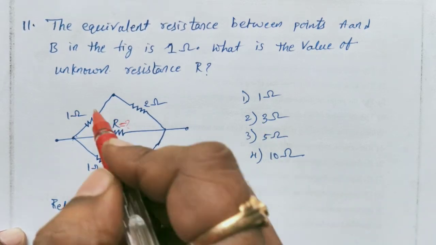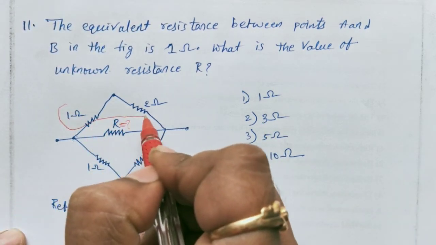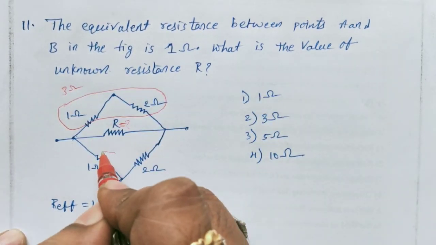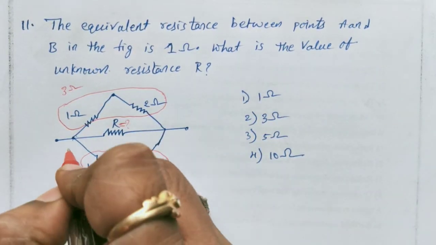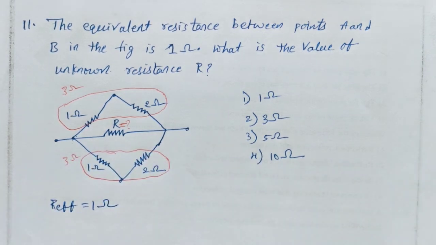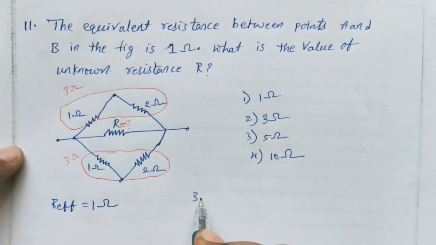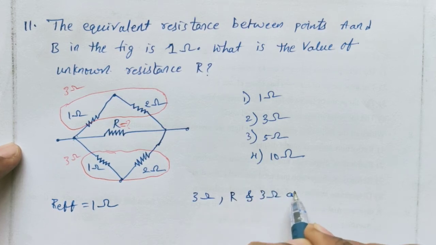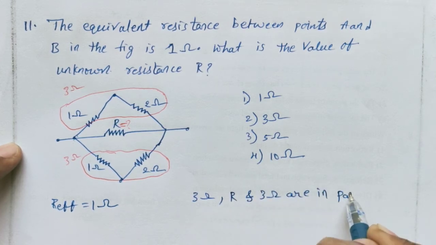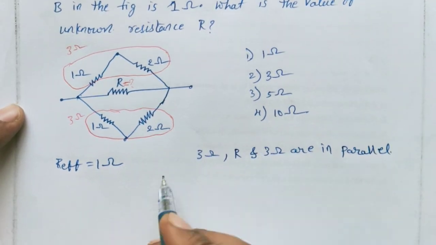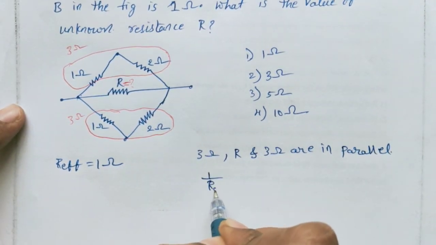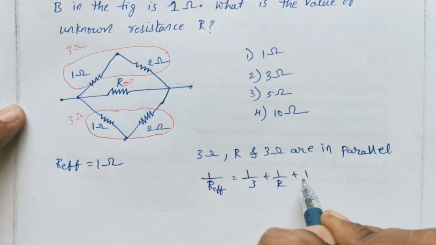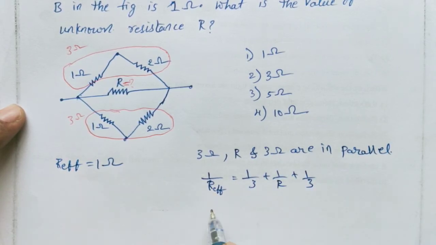So once observe, this 1 ohm and 2 ohm are in which combination? Series combination. So this value becomes 3 ohms. And here also this becomes 3 ohms. Now observe carefully students, 3 ohms, R and 3 ohms are in parallel. So therefore we know 1 by R effective is equal to 1 by 3 plus 1 by R plus 1 by 3. R effective value 1 is given.